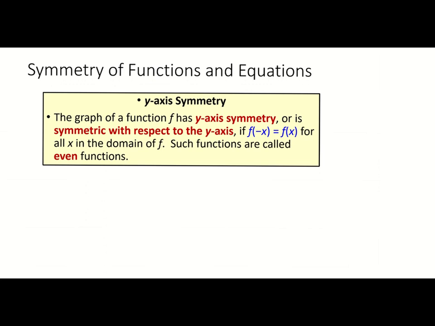All of your even functions have symmetry about the y-axis. And what they're saying here is if f of -x, or the opposite of x, is equal to f of x, for x in all the domain, then it's an even function.